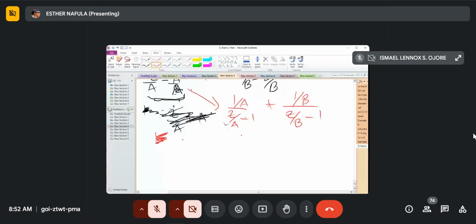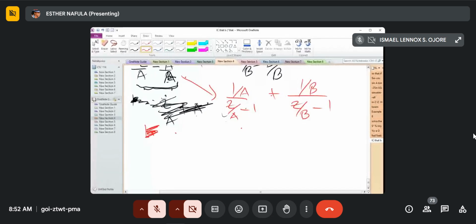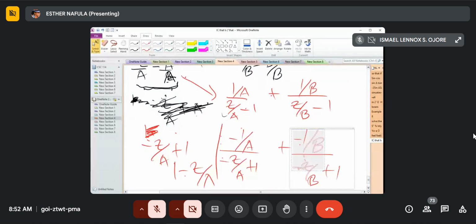We have in the numerator -1 over A, so minus 1 over B minus Z over B plus 1. Then rearrange so that you have a -1 over A.